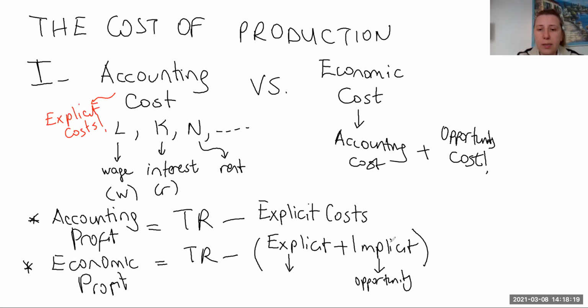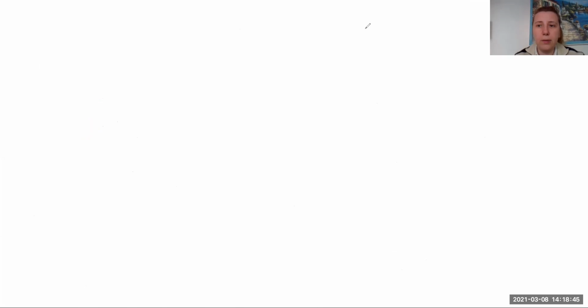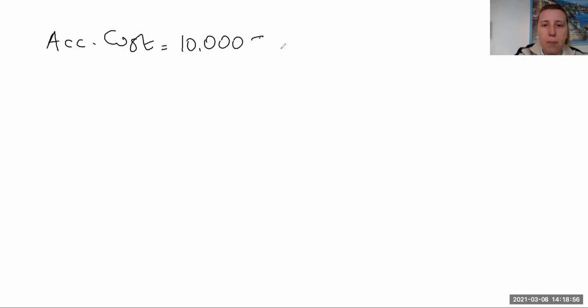So from these definitions, you can understand that for an accountant, a firm can have a positive profit, but in real terms, for an economist, it cannot be a positive economic profit. It's possible. For example, suppose that the accounting cost of doing this business, the payment to the labor, capital, all the monetary payments of the firm, let's say is 10,000 Turkish lira in a month.